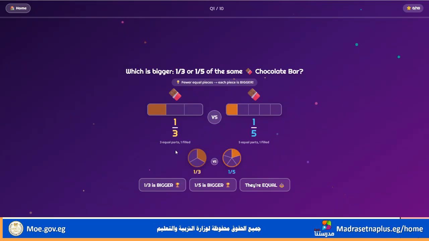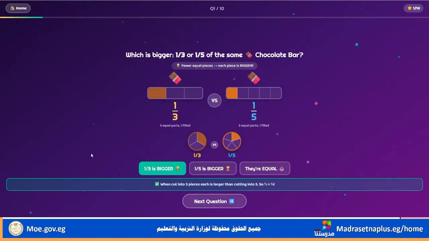Down you can see another shape of chocolate or cake, 1/3 versus 1/5. You can see 1/3 is bigger. Let's click on 1/3. Yes, we got the right answer. 1/3 is bigger than 1/5.